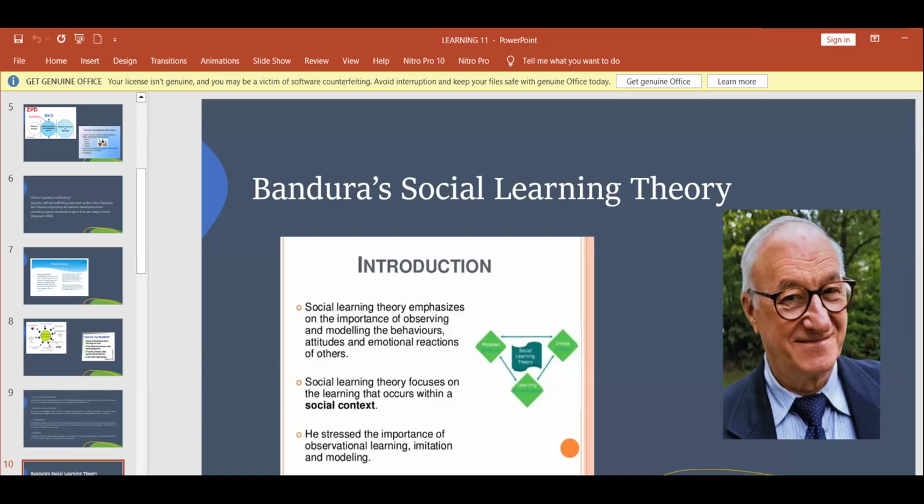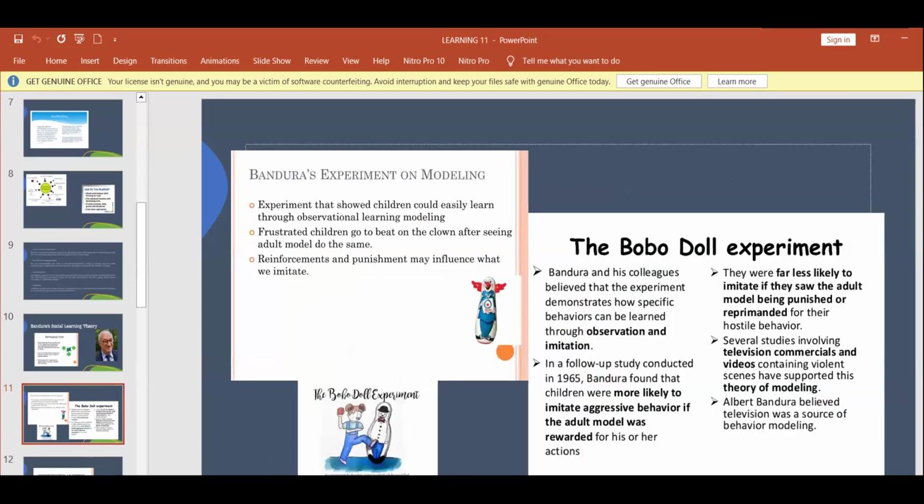So that was the experiment done by Albert Bandura. To actually introduce this observational learning, we observe our society. There are models in the society to observe, and then we learn. And that kind of we learn through imitation. For us to imitate, there are models in the society. So this is the Bobo doll experiment.